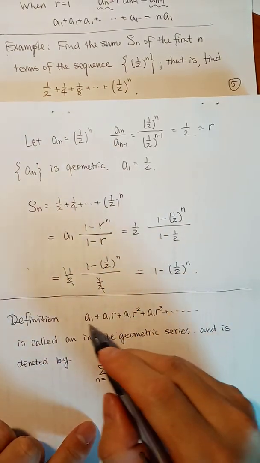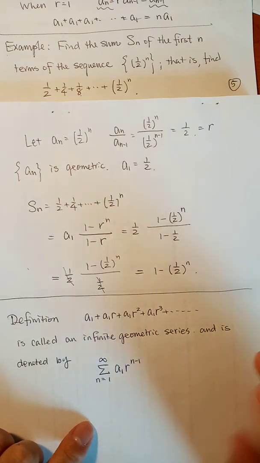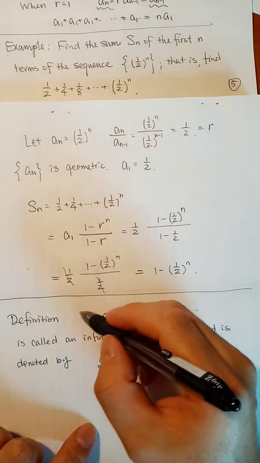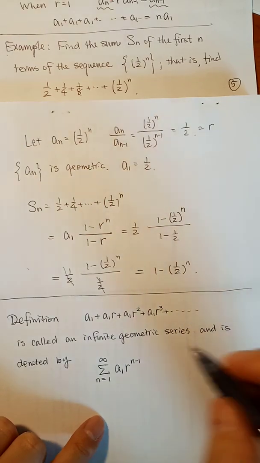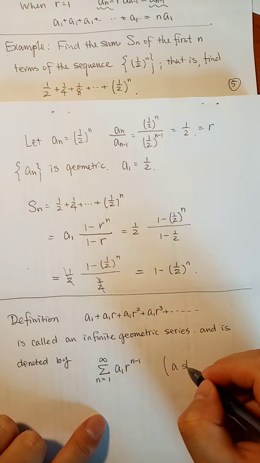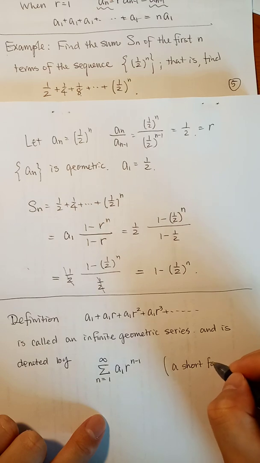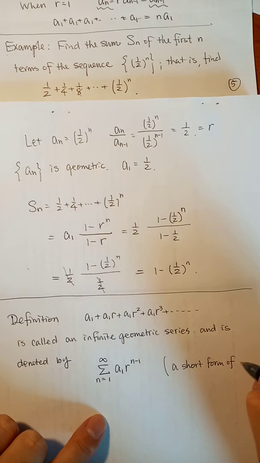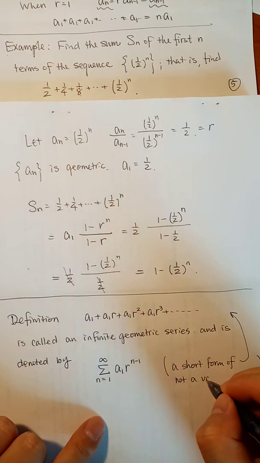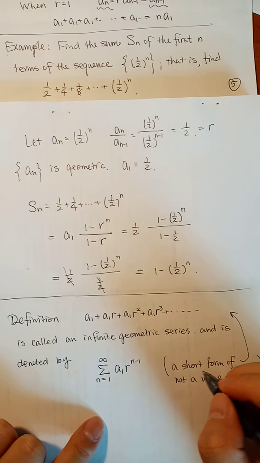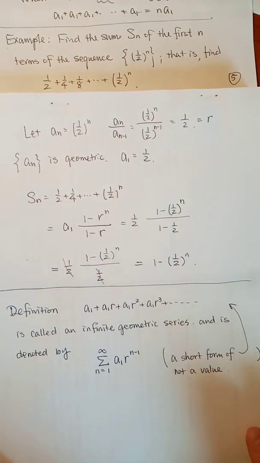This symbol just means this long sum. It does not give you the value. It just gives you a short writing, a short form of it, not a value. It's just a formal writing.